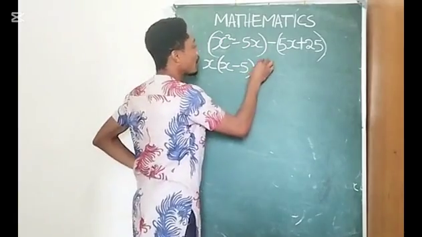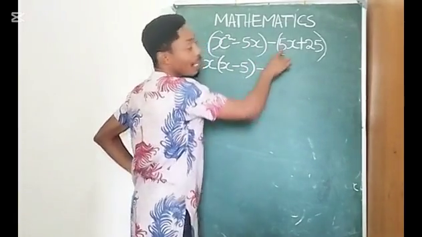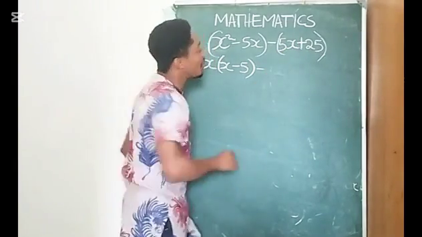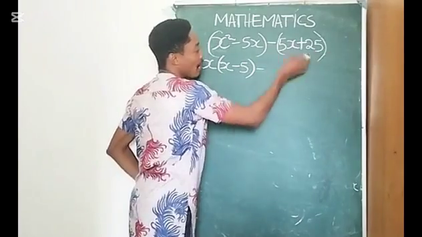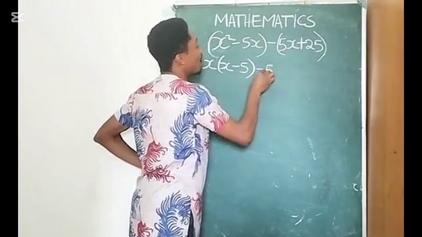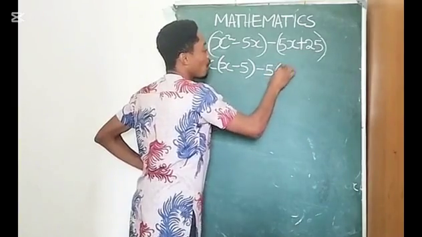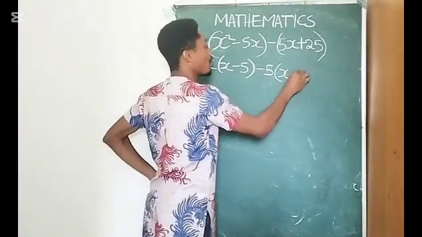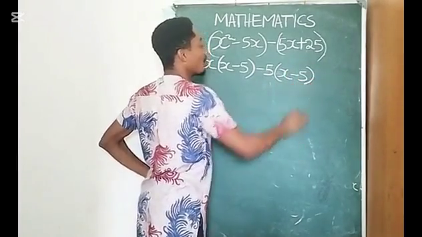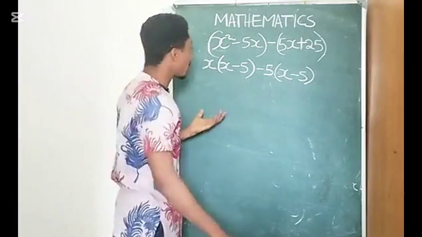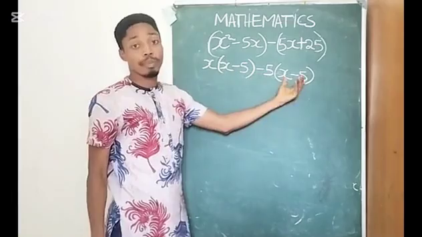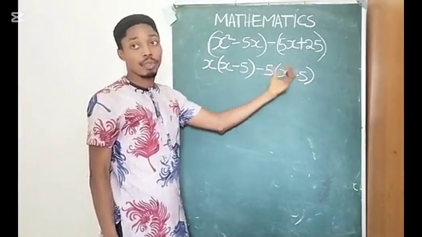We bring down the minus sign, and what we have inside the bracket is 5x and 25. The highest common factor is 5. Open the bracket: x plus 25 divided by minus 5 gives us minus 5.